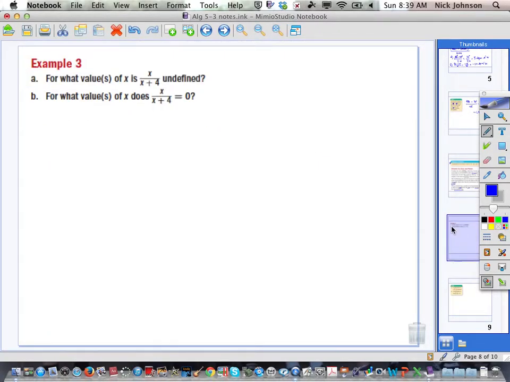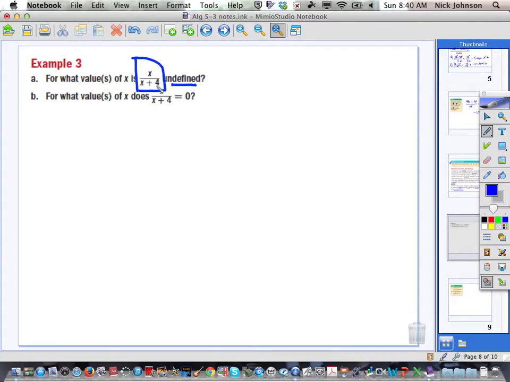Example 3. For what values of x is x divided by x plus 4 undefined? So what they are saying is, and this is what you need to pay attention to because this is what a lot of people get mixed up on, they want to know what in here will make this undefined. Well, it's undefined if 0 is in the denominator.